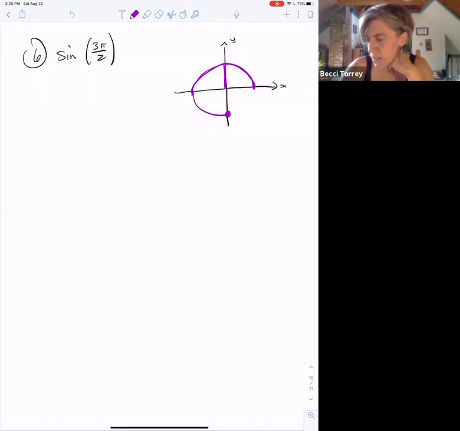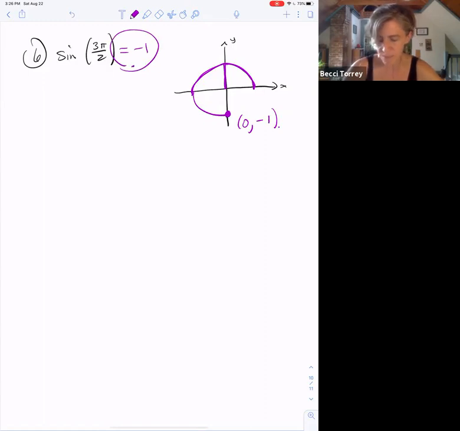Looking at this point on the unit circle, oh, sorry, I did it wrong. It's so easy to get these the wrong way around, right? The x value is 0, you haven't moved off of the y-axis, and the y value is -1. And sine is the y value, so this is -1 in this case.